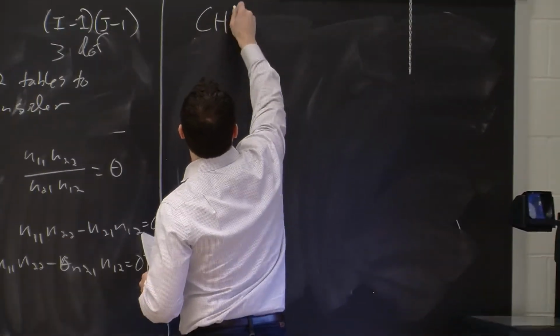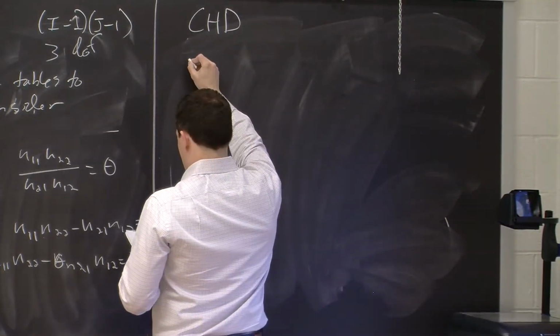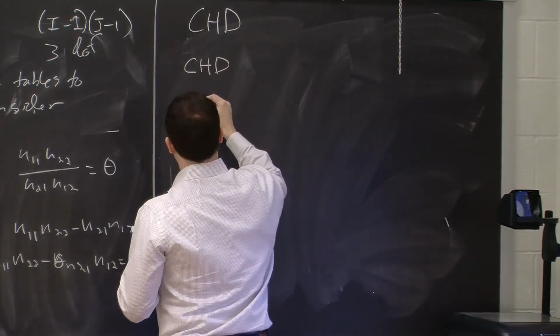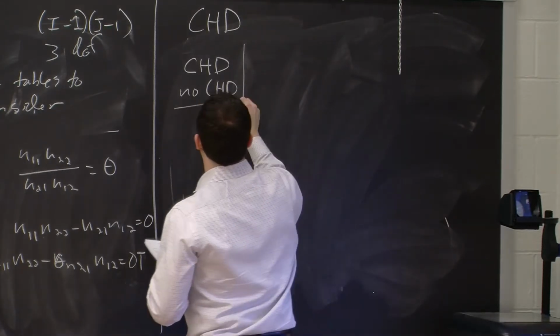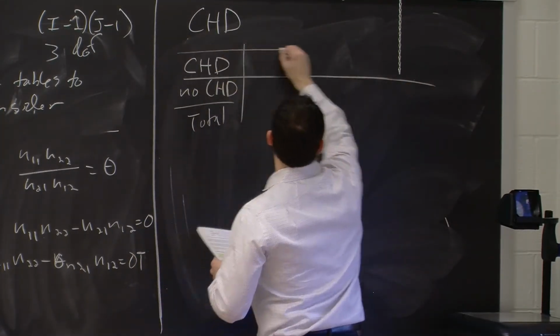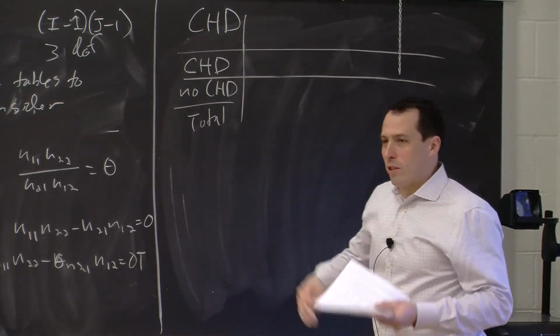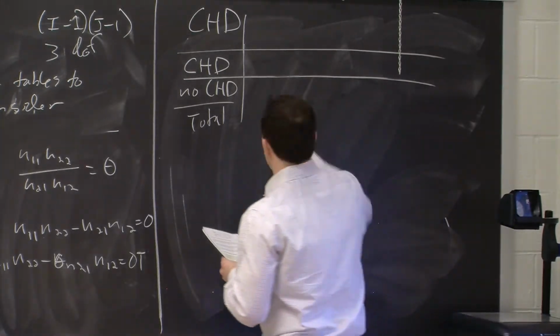This is coronary heart disease from the Framingham study. Our outcomes are either we get this disease, or we don't get the disease. I have a total. And the treatments, well, they're not treatments, but this is prospective, so they actually followed all these people.